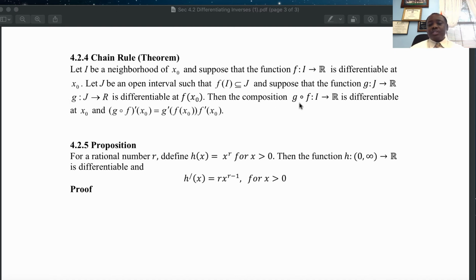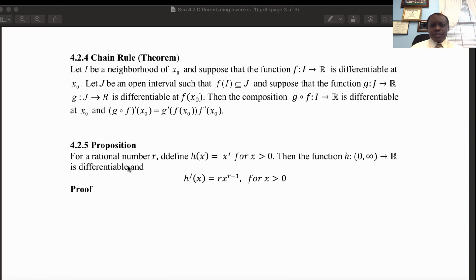Then the composition g composed with f from I to R is differentiable at the point x0, and the first derivative of the composition is g prime at f of x0 times f prime at the point x0. So I differentiate f at x0 times the derivative of g at f of x0.